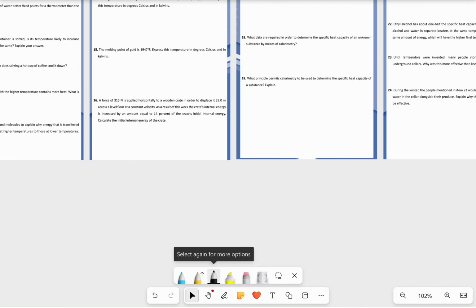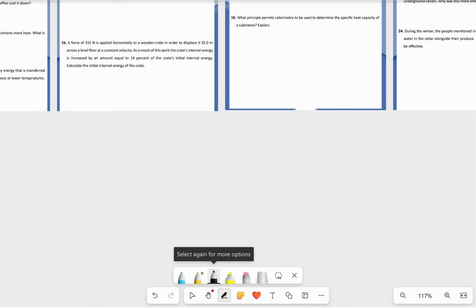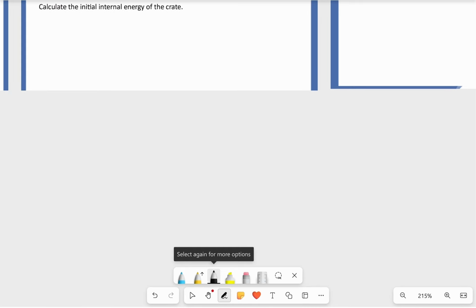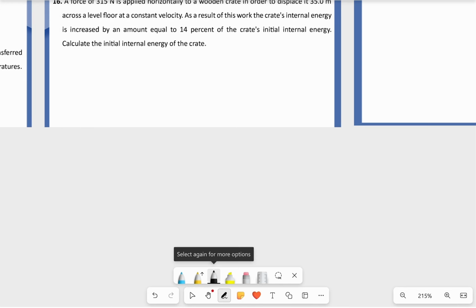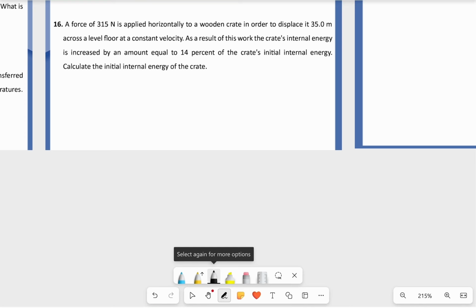We have question 16. It says a force of 315 Newton is applied horizontally to a wooden crate in order to displace it 35 meters across a level floor at constant velocity. As a result of this work, the crate's internal energy is increased. So look, it's talking about work.